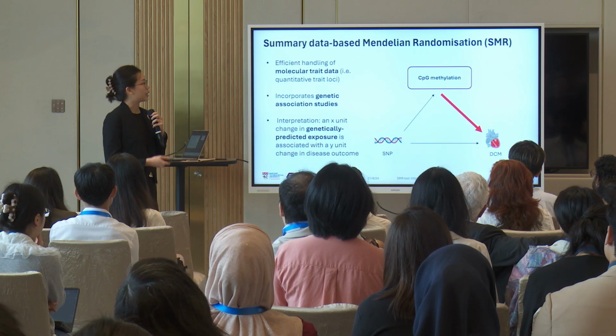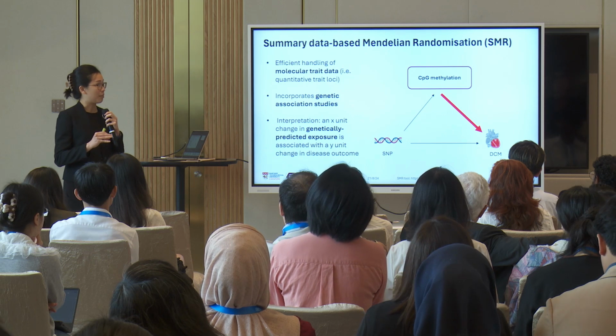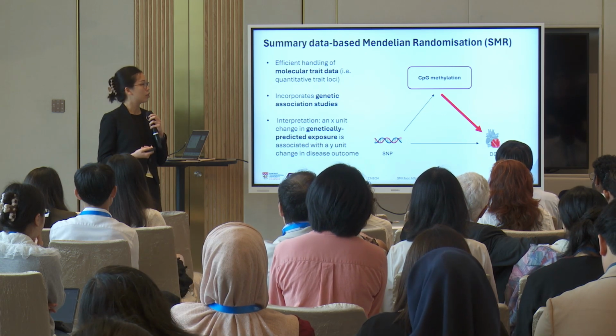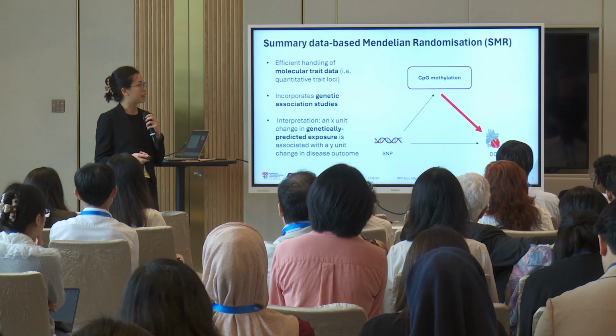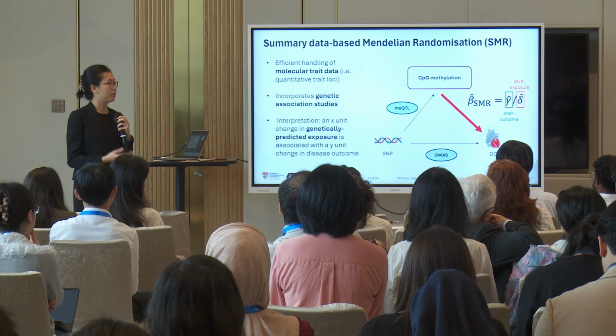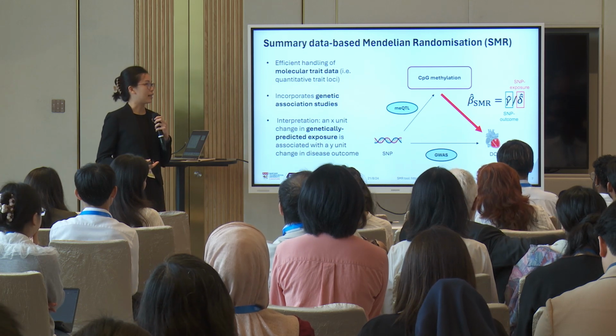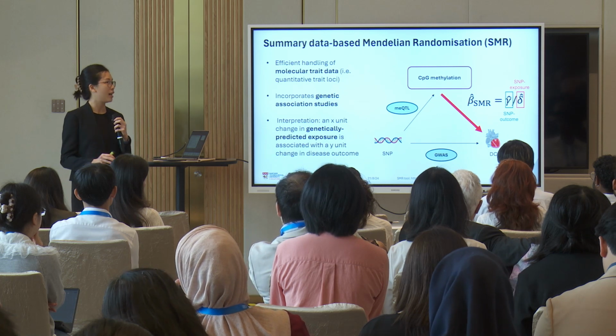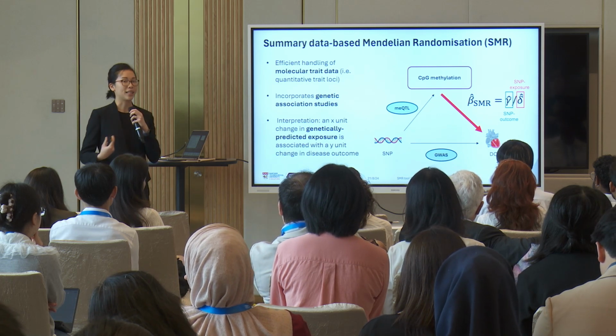The specific kind of Mendelian randomization I'm using is a tool called summary data-based Mendelian randomization. It is called this because it incorporates summary data from genetic association studies like GWAS and mQTL studies to get the effect size estimate for a genetic variant on the disease and on the trait that I'm studying.